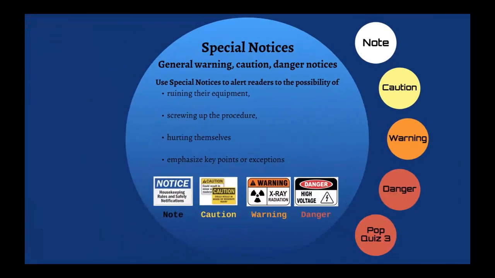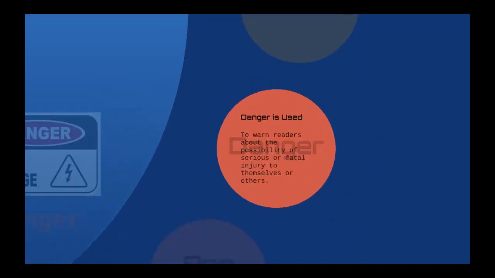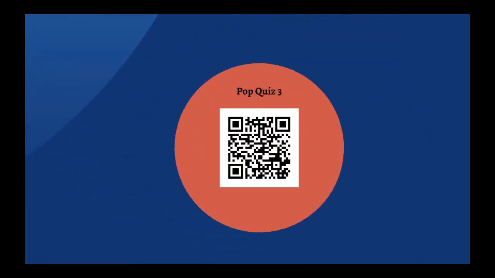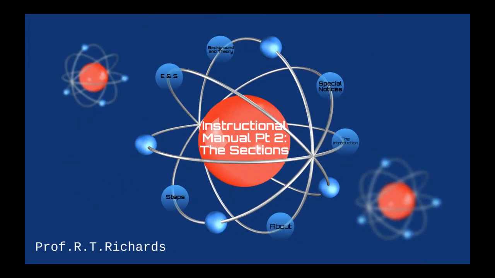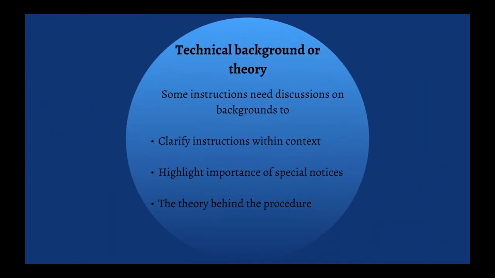All right, so that's one section, another section of the instructional manual. And as I said earlier, special notices are contained in a section, but they are included throughout the instructional manual. So let's go to our next section of the instructional manual, and that's the background and theory.